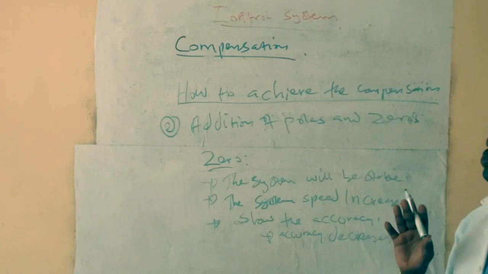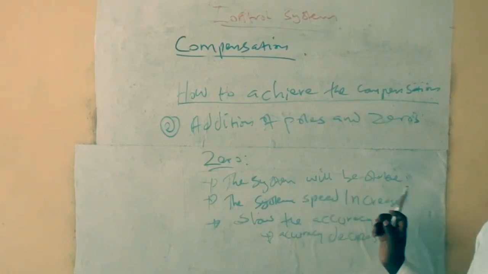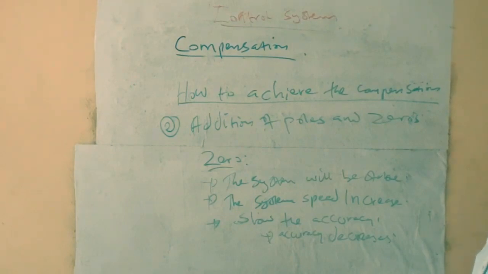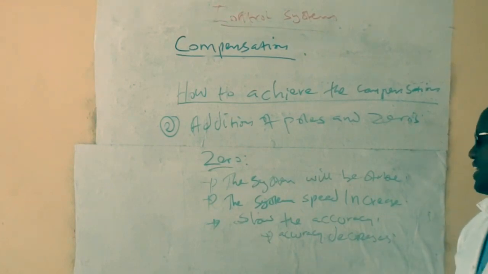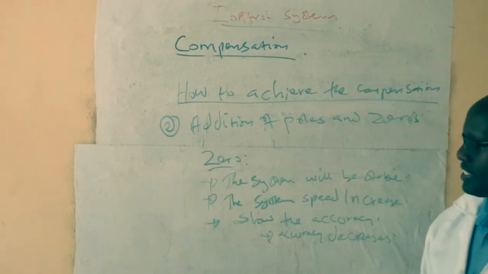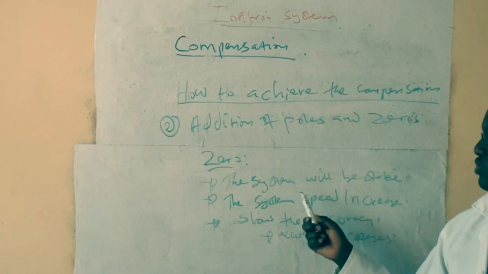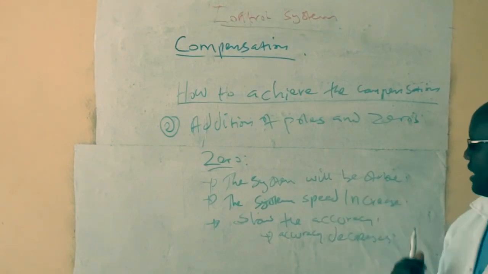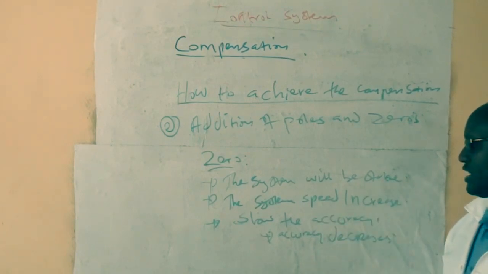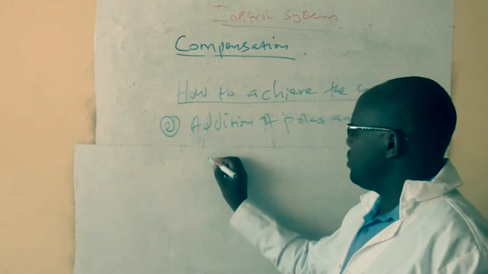So when you introduce zeros, the system will be stable and the speed will also increase. But the one disadvantage of using this is that the system becomes less accurate. So that is one negative. But the others are what we want. We want a system which is stable and a system which is accurate. The poles.